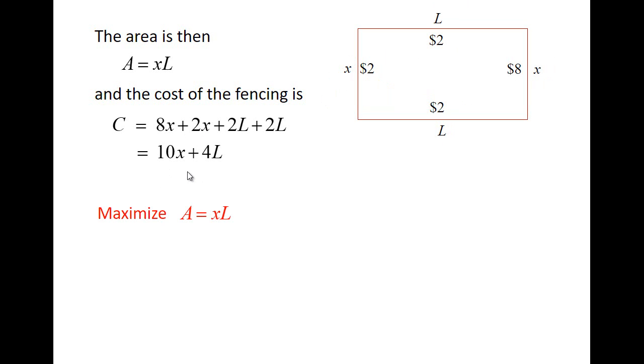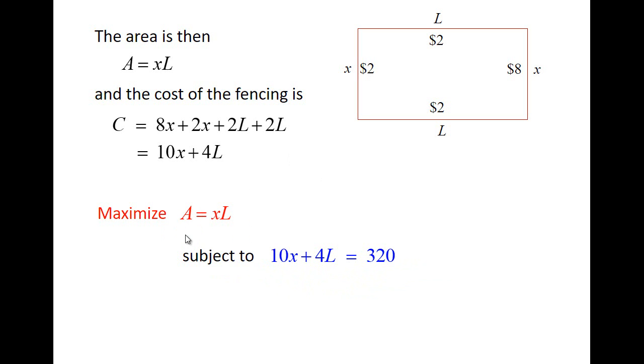And so basically we need to maximize the area with the constraint that the cost must be $320, because recall that that's all the money we have to build the rectangular area here. So the question now is how do we pick X and L so that we satisfy the constraint equation and we maximize the area.